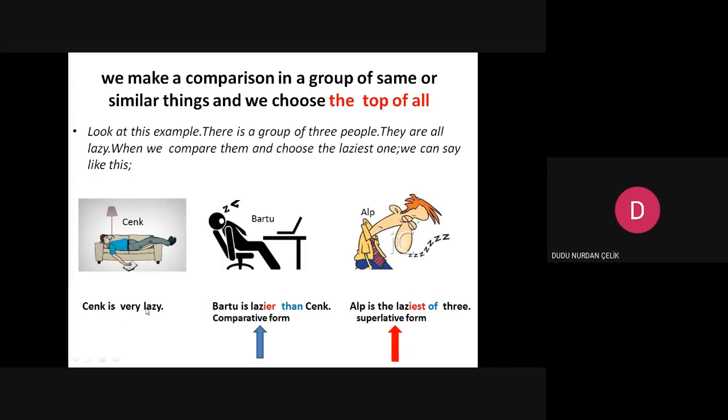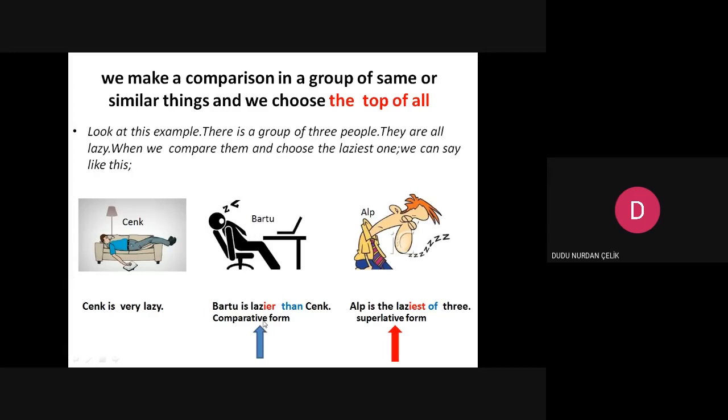Cenk is very lazy. Look, he's lazy. But when we compare Cenk with Bartu, 2 people, we make a comparative with 'than', and we can say Bartu is lazier than Cenk. And we make comparative because we're comparing Cenk and Bartu, only them.